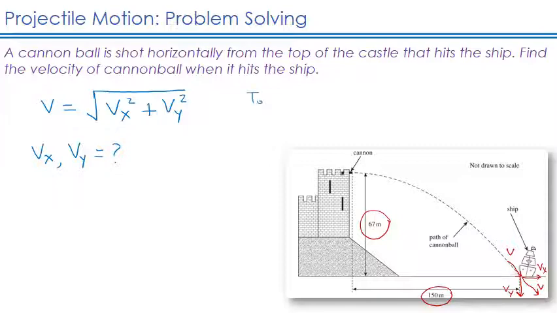To find vx, we use Sx is equal to ux into t. So it means you can find ux, which is equal to vx, because in the horizontal direction there is no change of velocity.